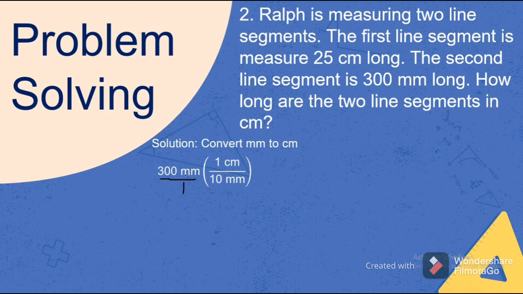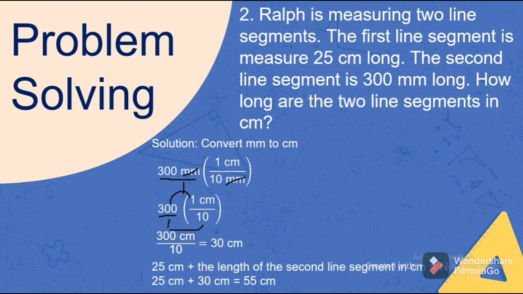Then cancel out the unit of measurement. So we have 300 over 1 times 1 centimeter over 10. 300 times 1 and 1 times 10 is equal to 300 centimeters over 10, then divide. So we have 30 centimeters.